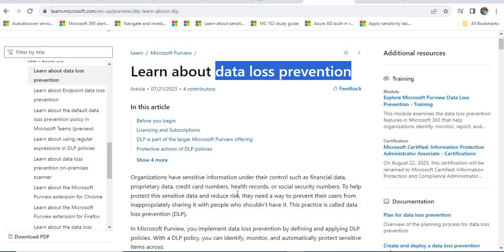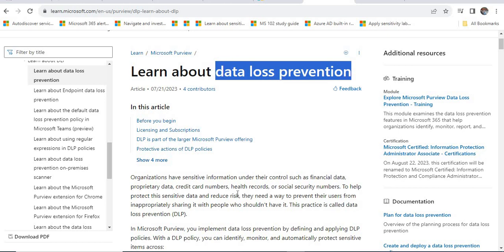How can you identify that this data should be secure and should not be shared with external users? For that you have to use data loss prevention.